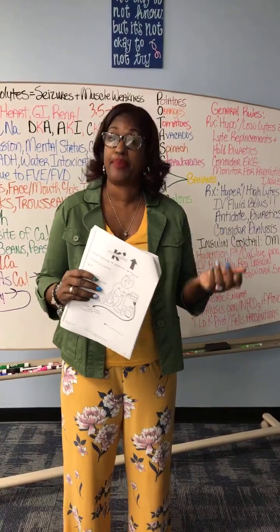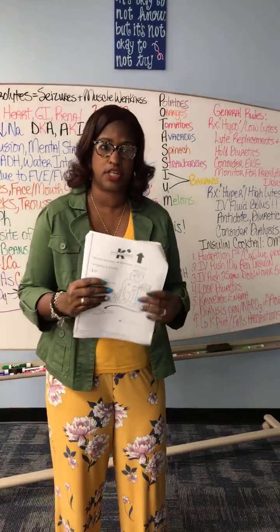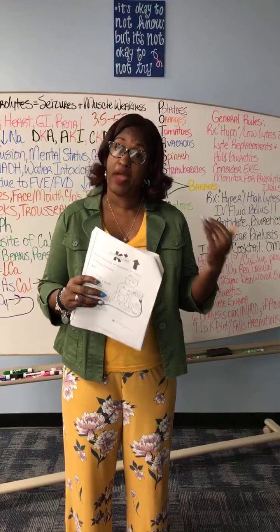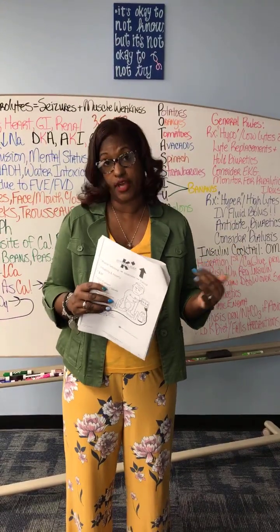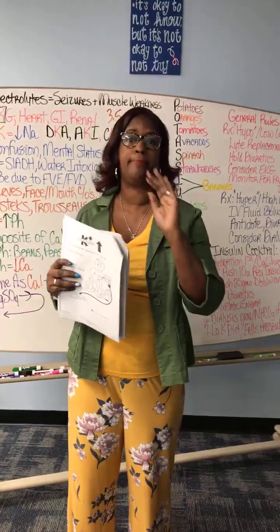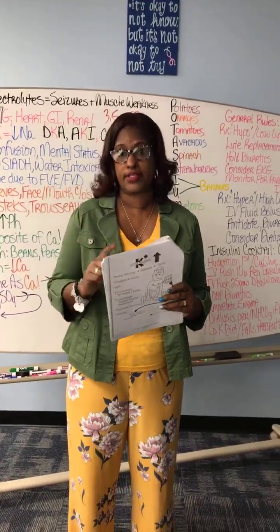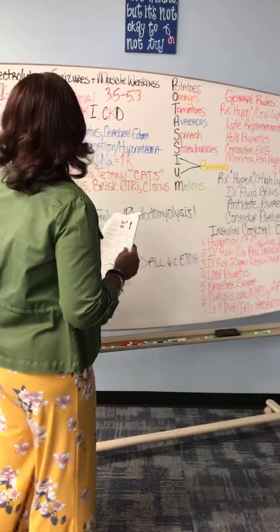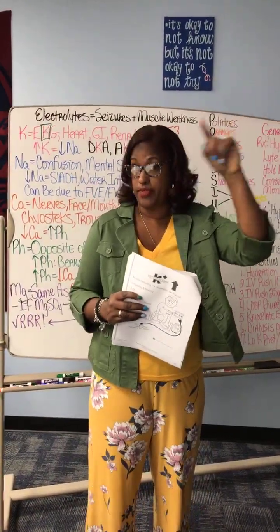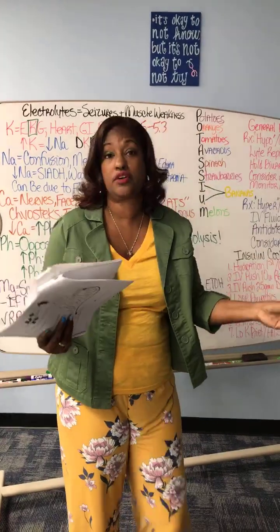Even your MI patient, your myocardial infarction patient, can come in with a really high K. So those patients have had the same thing happen to them: destruction of living tissue. When you destroy muscle, you've got to remember what I said earlier. I said that potassium was the highest intracellular electrolyte.